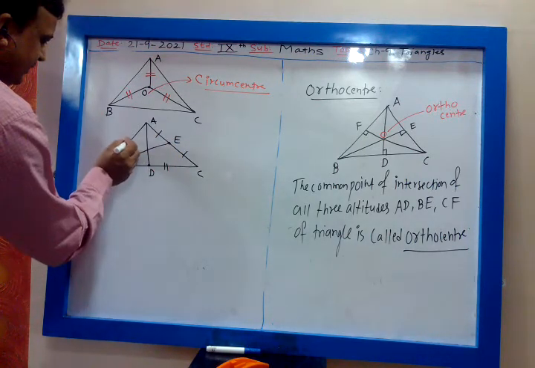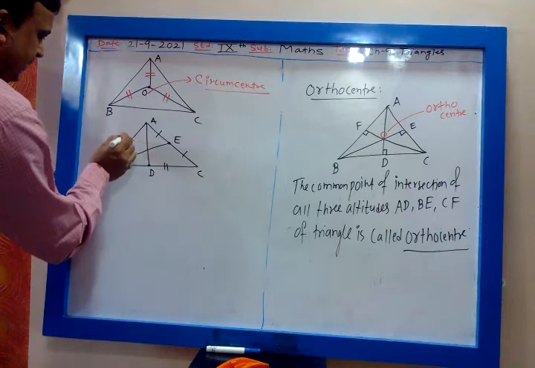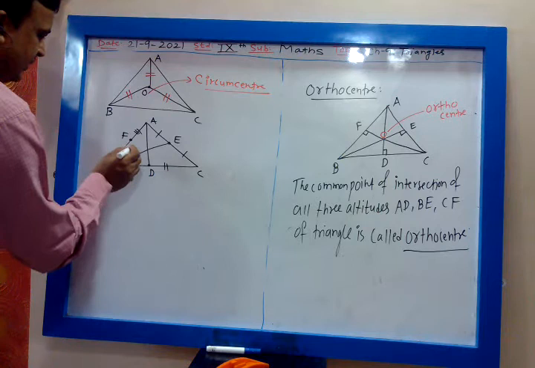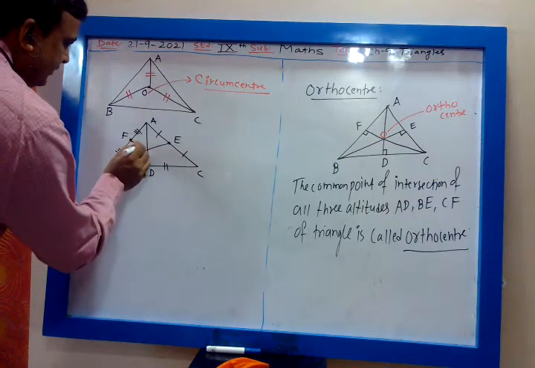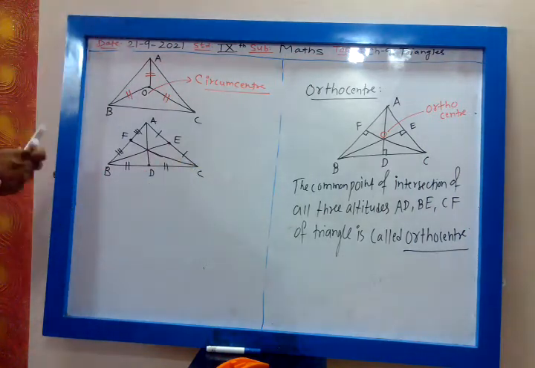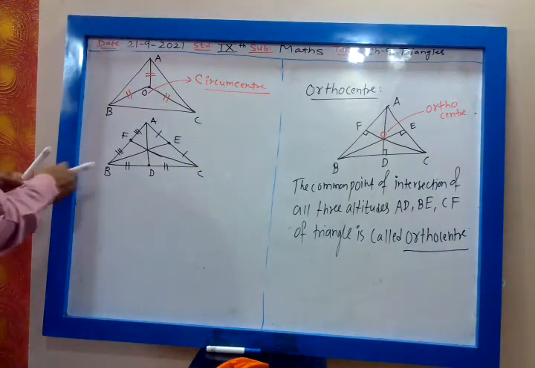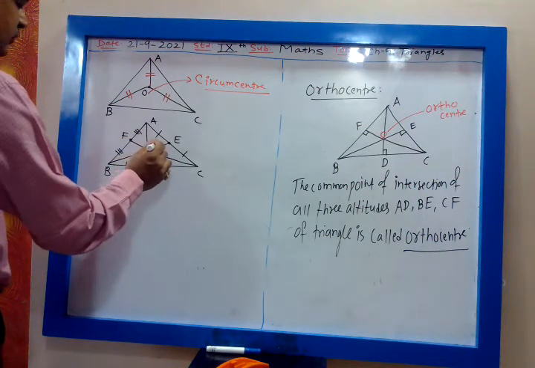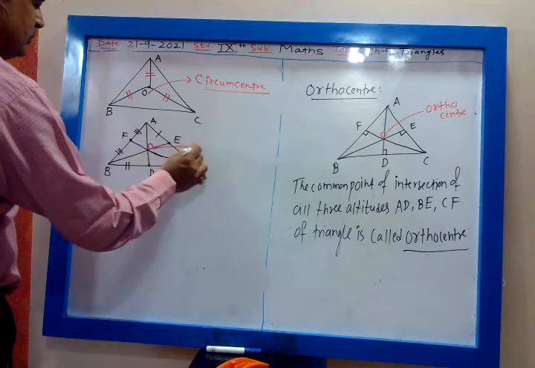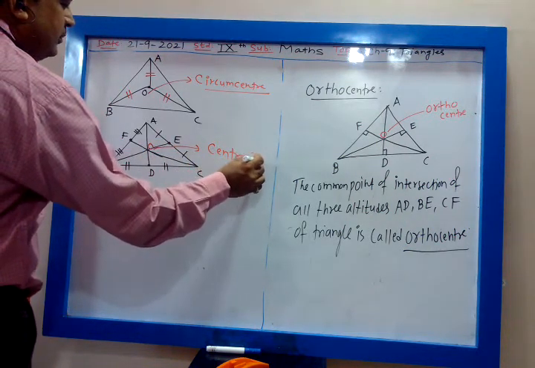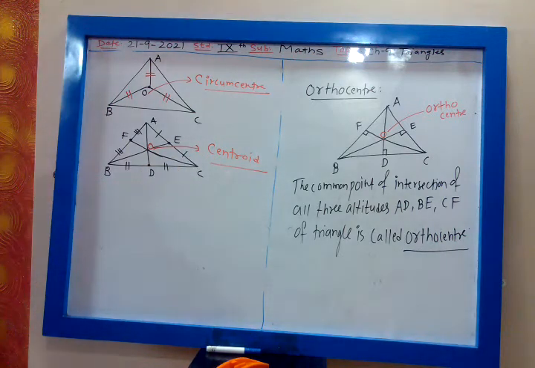Then F is the midpoint of AB, which means AF is equal to BF. So the point of intersection of all three medians is O. So in this case, what is O? O is the centroid of the triangle ABC, the point of intersection of all three medians.